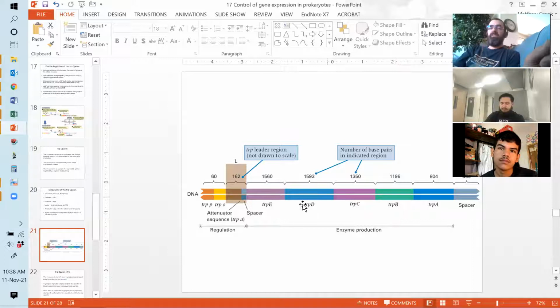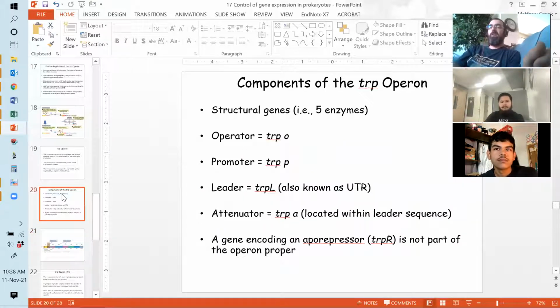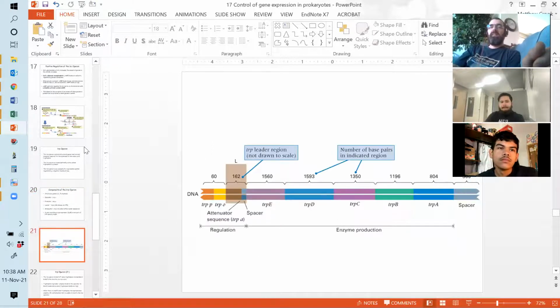Now we have a promoter, trpP, and we have an operator called trpO, right? And so far, so similar. We also have a repressor, in this case called trpR, and that's encoded by a gene somewhere else.